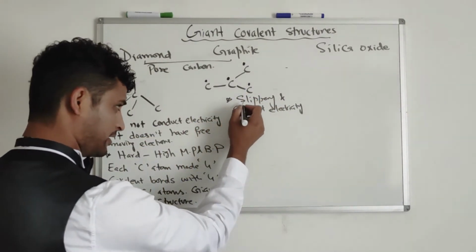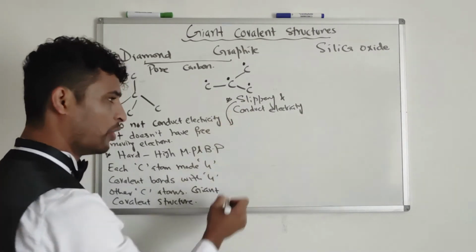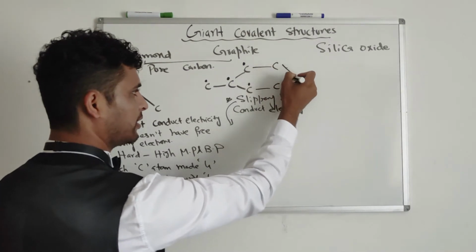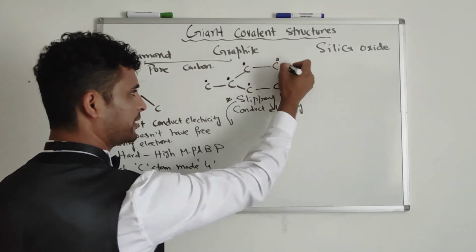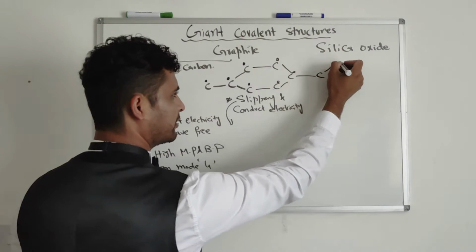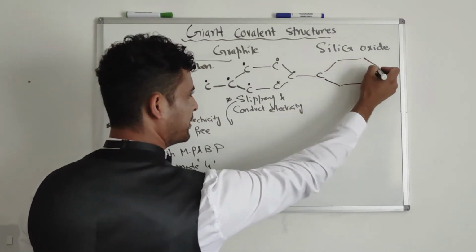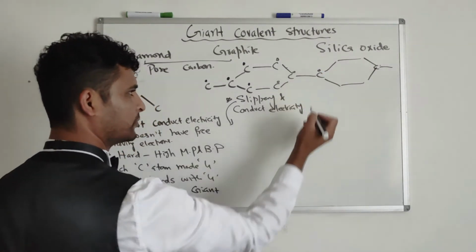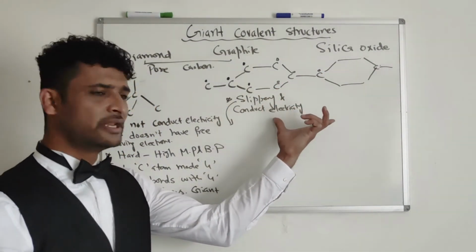Let's take an explanation of slippery. Why is it slippery? Each carbon atom is attached to 3 carbon atoms, and they will make layers. 1 layer, there's another layer and another layer.